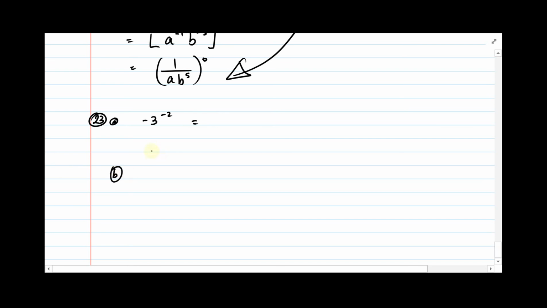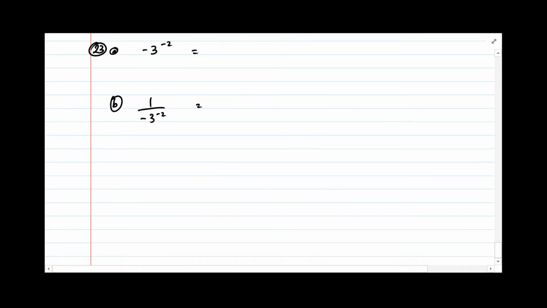So we had some of these things. 1 over negative 3 to the minus 2. And the third one, which is 1 over negative 3 all to the minus 2. Alright, so again, as we had said, this is negative 1 times 3 to the minus 2. What exactly is this part? So we would end up with negative 1 over 3 squared, so negative 1 over 9.